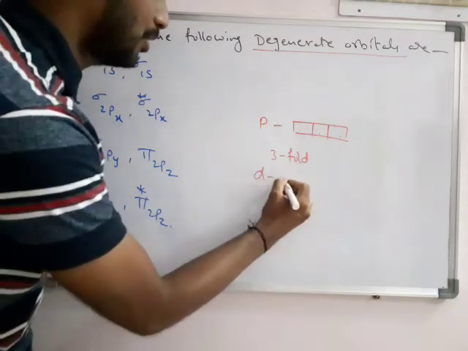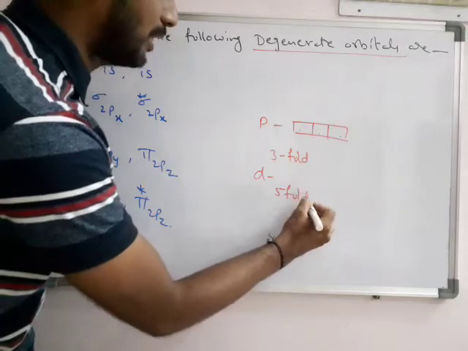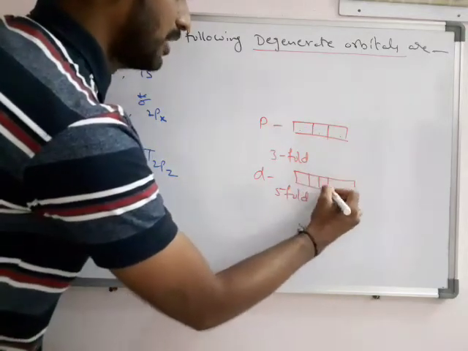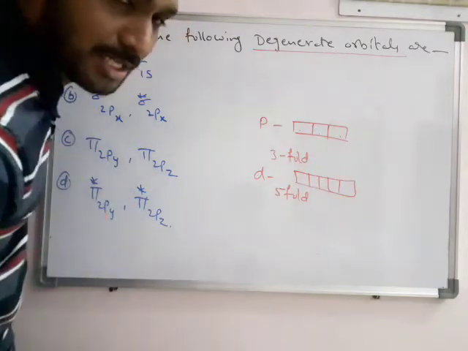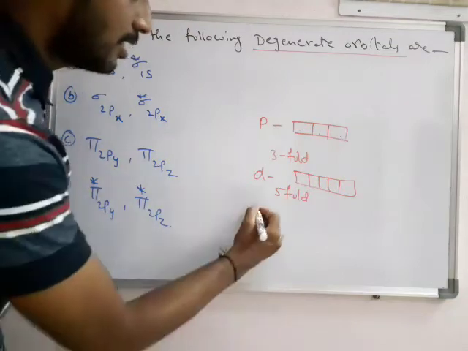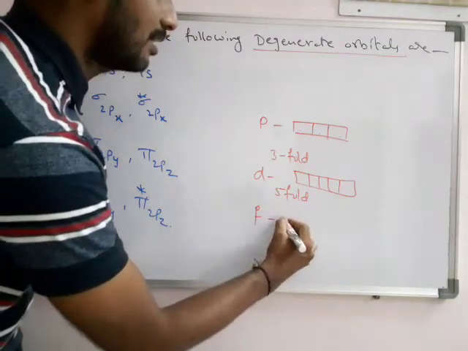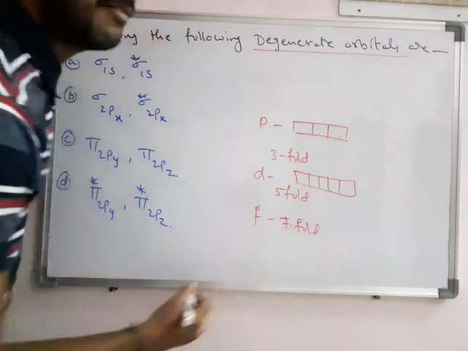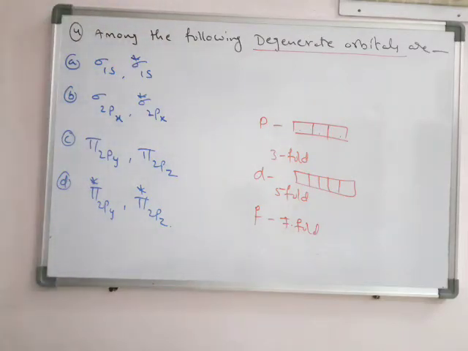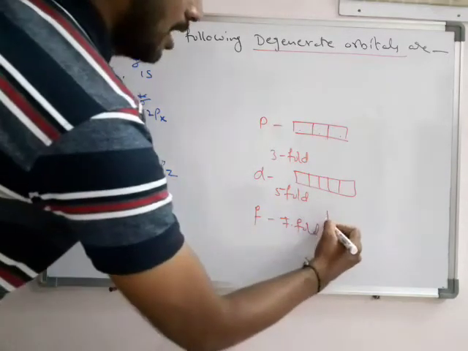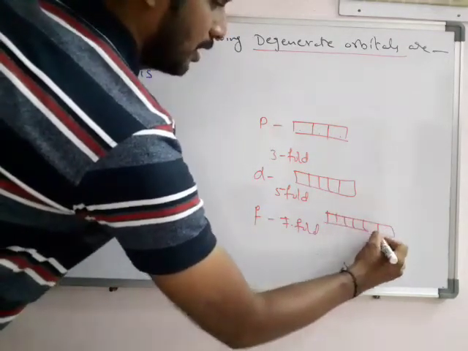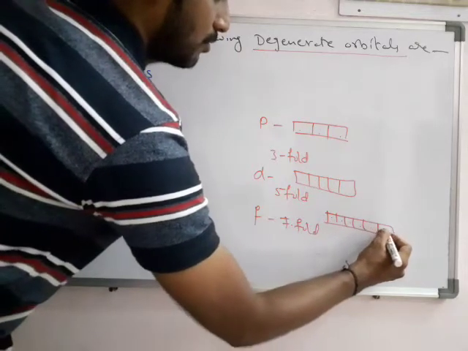Similarly, d we call 5-fold degenerate. 5-fold degenerate means it is having 5 orbitals, one orbital and one box each. The f orbital we call 7-fold degenerate. 7-fold degenerate means it is having 7 boxes: 1, 2, 3, 4, 5, 6, 7.